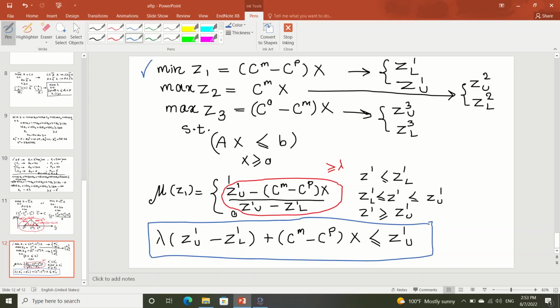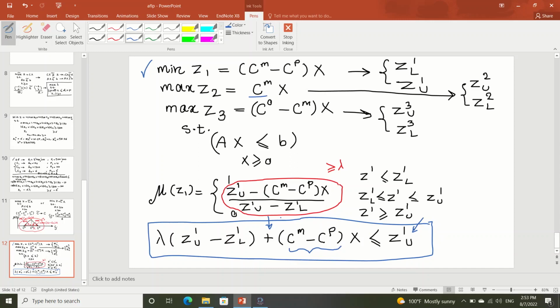And for another objective function, for example z2 and z3, you can change this inequality on this term. The plus is changed to minus, and the z upper is changed to negative z lower. But this coefficient also is changed to the Cm.